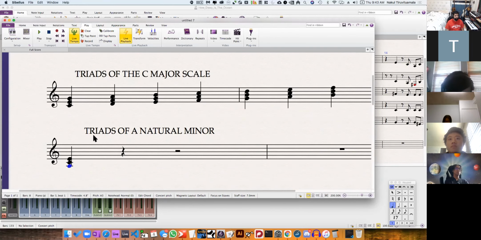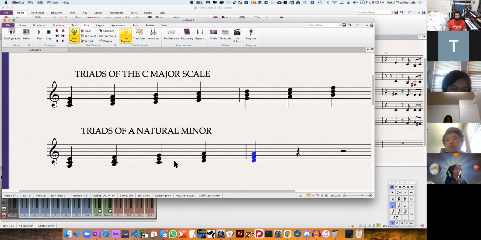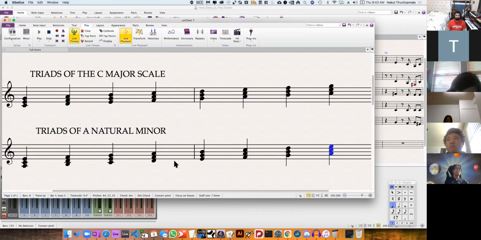And as a result, they share the same exact key signature, right? So I could be in a situation where I go, right? And these right here are all the triads of the A natural minor scale. And down here are the notes of the A natural minor scale.